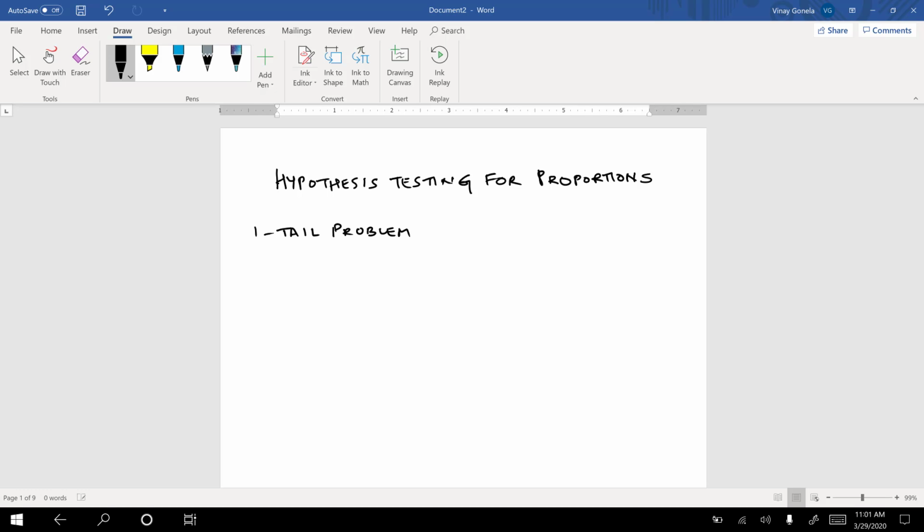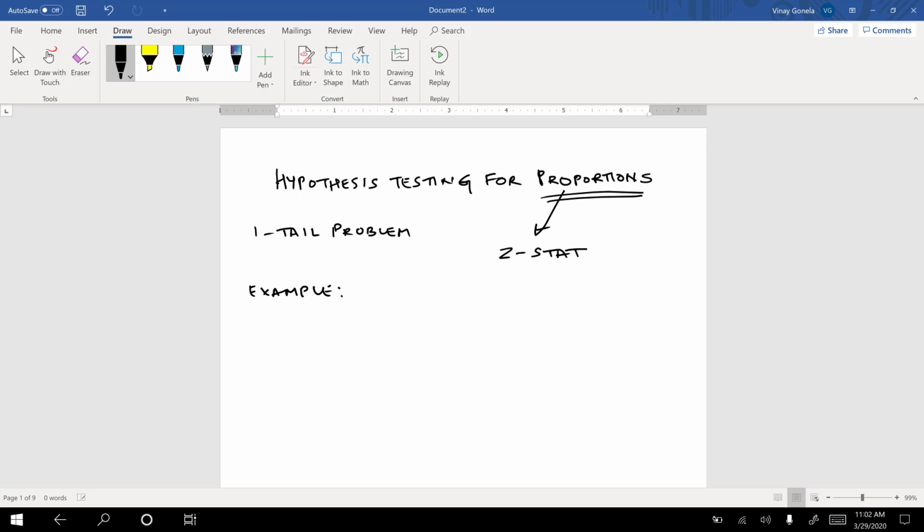When I say hypothesis testing for proportions, we are using the Z-stat. I will use a problem to explain the concept of proportions hypothesis testing. So this will be my example question.